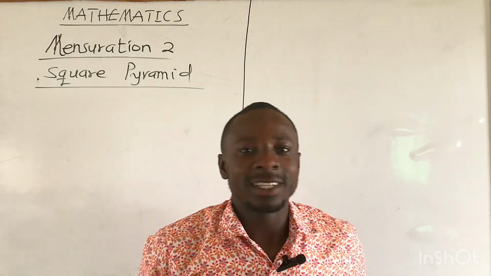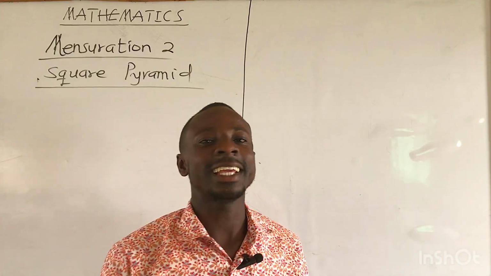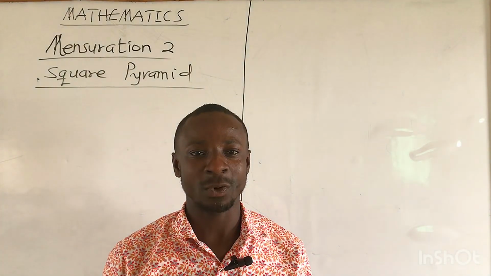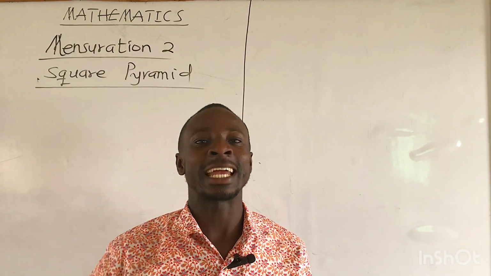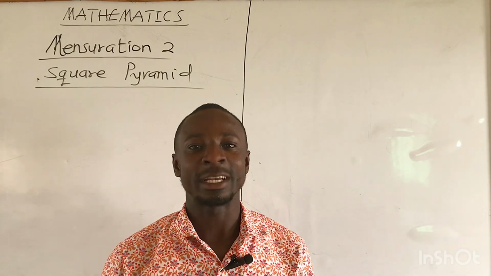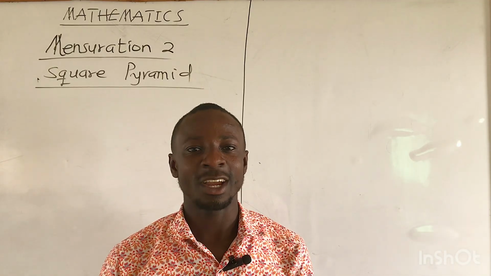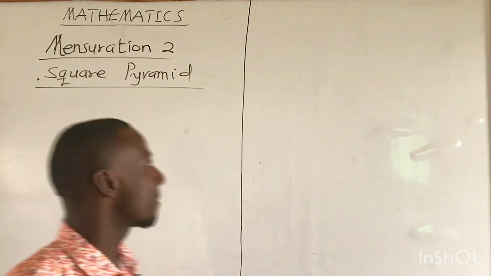A square pyramid is a solid figure which has its base in the form of a square and it has an apex. So that is basically about a square pyramid. So we are going to look at a sketch of a square pyramid.